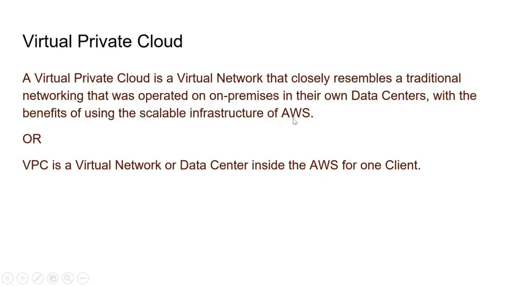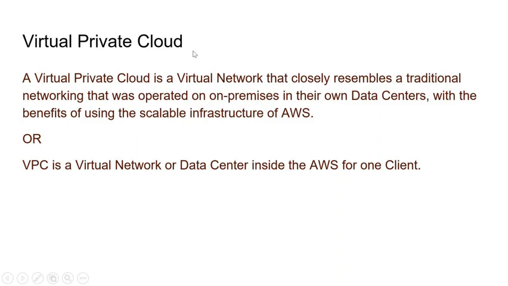If they want to add extra servers immediately, they cannot easily do it. But in VPC, it can be extended with the benefits of the scalable infrastructure of AWS. So VPC is like our on-premises data center with more capabilities.